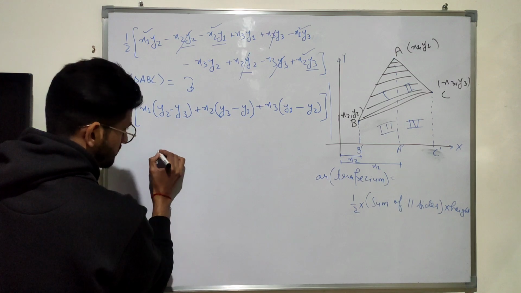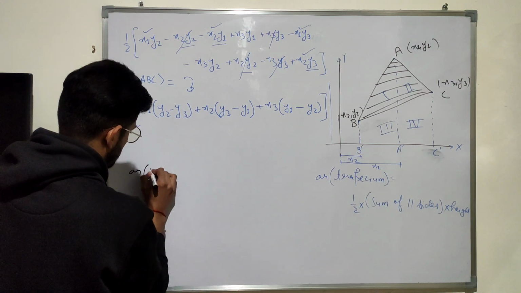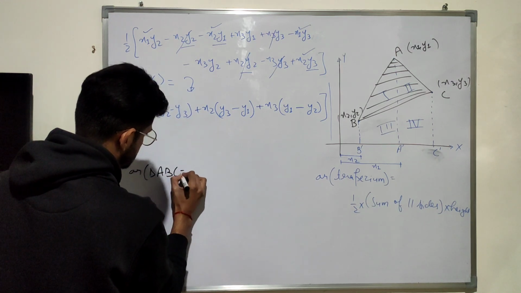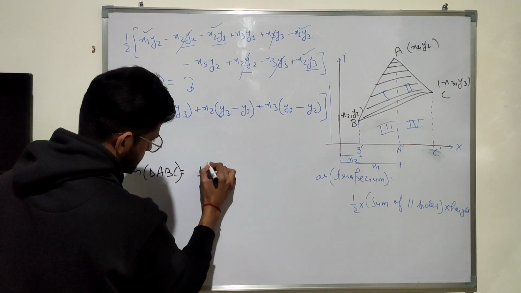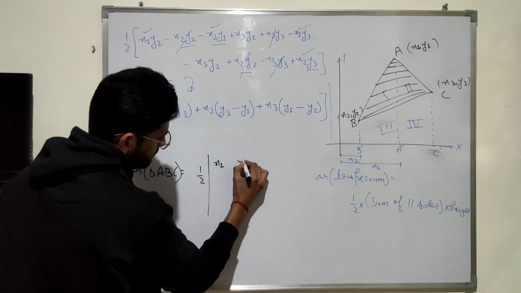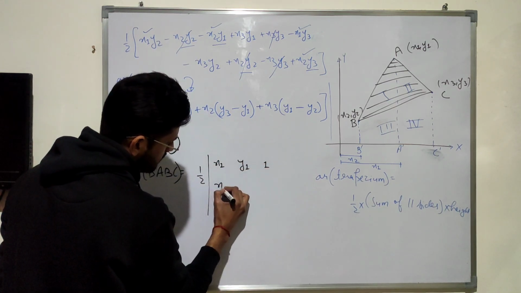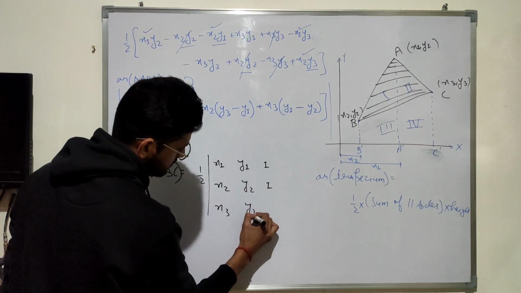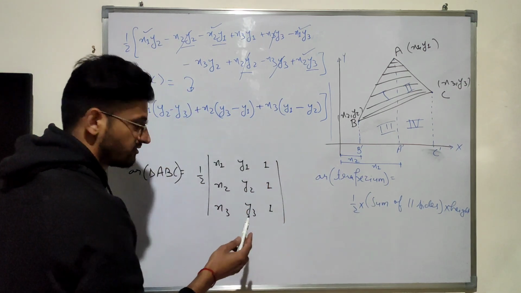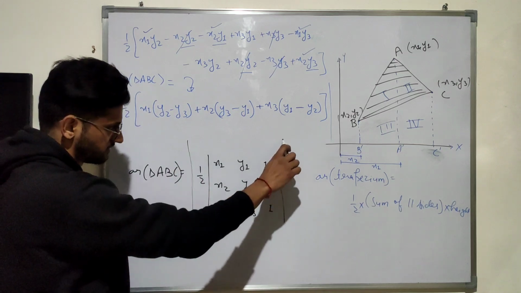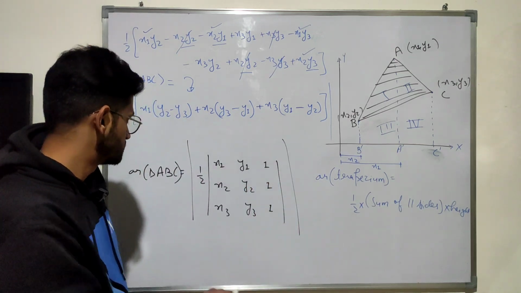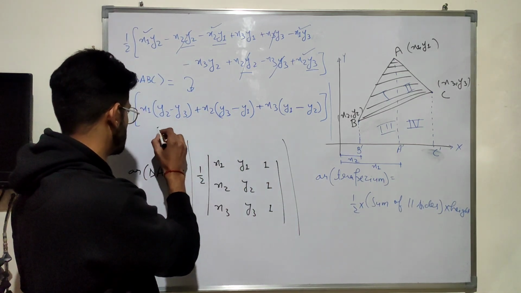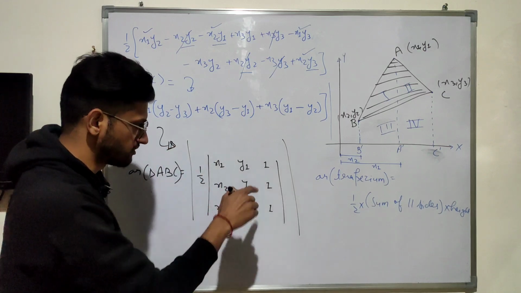So in terms of determinant, area of triangle ABC is going to be written as half of the determinant of x1 y1 1, x2 y2 1, x3 y3 1. After that we will apply modulus again, so that our area cannot be negative. So this is the same as the earlier formula, written in this way also.